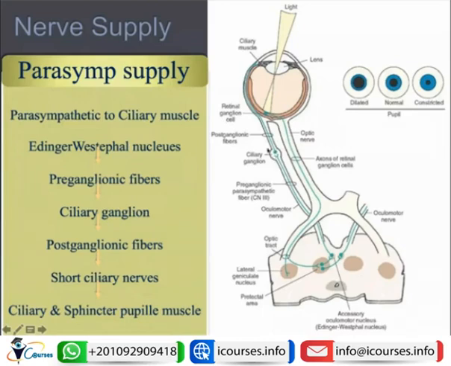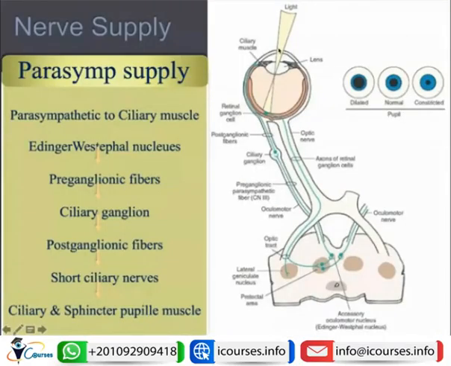Since it is a parasympathetic ganglion, the postganglionic fibers will pass through the short ciliary nerves to supply the ciliary muscle, leading to accommodation. So it will lead to constriction of the pupil through the sphincter pupillary muscle, and it will supply the ciliary muscle, leading to accommodation. So this is called again the pupillary light reflex.